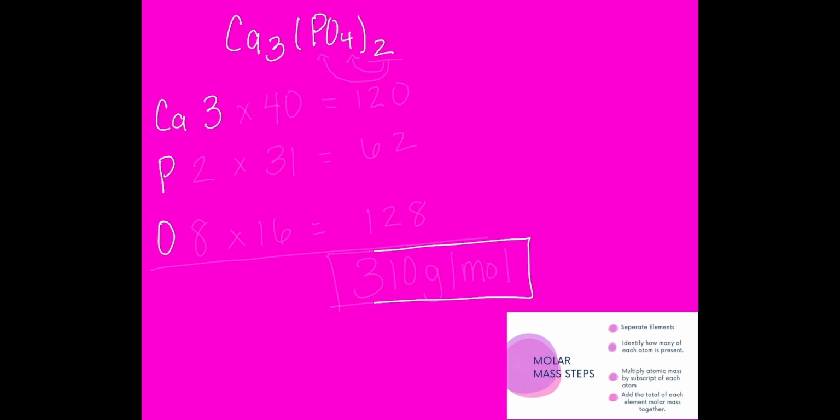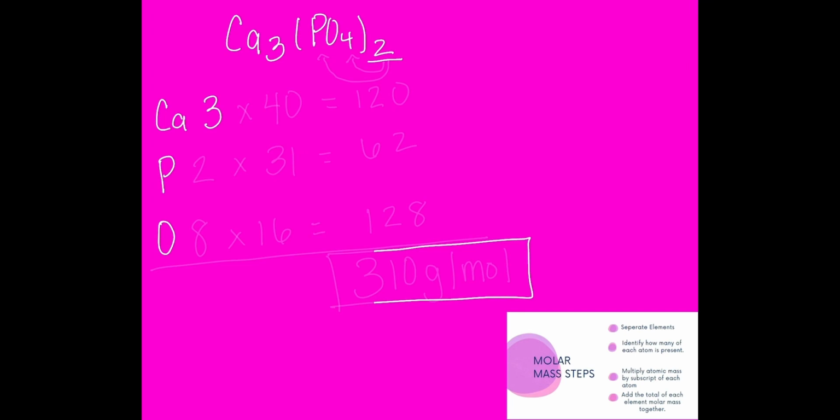So we have 3 Cas. Now here, instead of jumping right into saying I only have 1 phosphorus, that is not true, because this subscript 2 on the outside of the parentheses lets me know that I have to distribute it to the subscripts inside the parentheses.